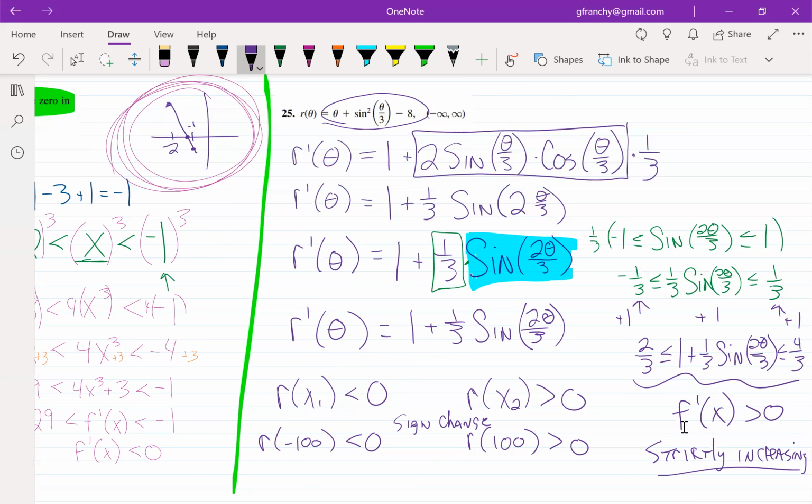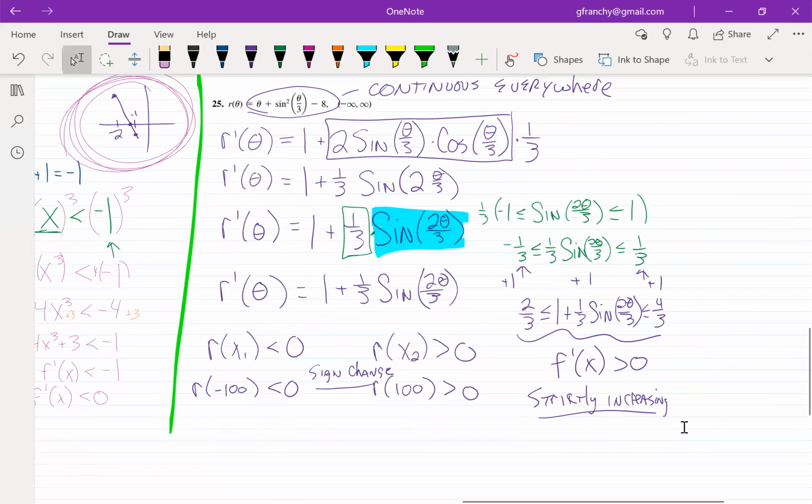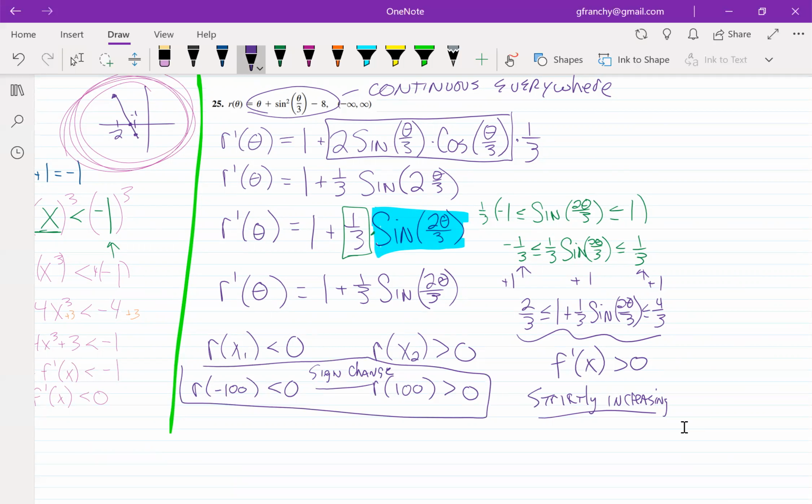We have a strictly increasing function, and also our original function is continuous everywhere. And if I wanted to formalize this a little bit, what I'm using here is the intermediate value theorem.